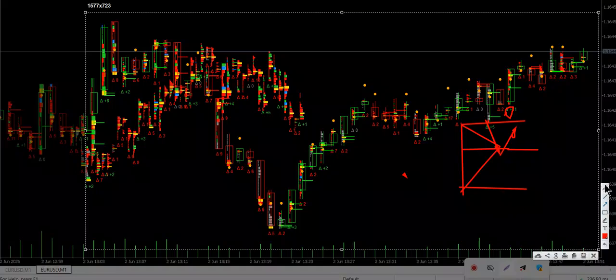So in this indicator I have used these two lines. In the buyer candle, if the next candle opens above the value area high, then we will get these two lines.